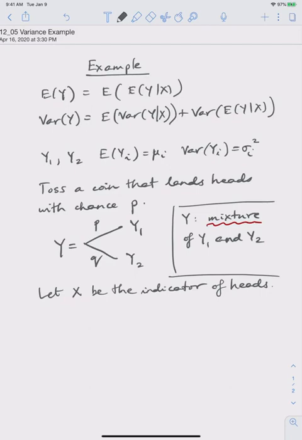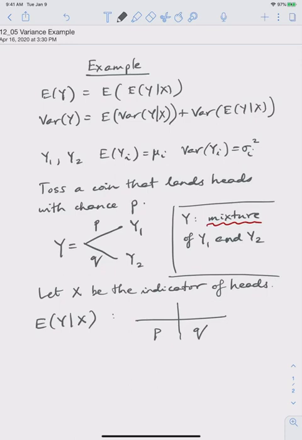Then let's start writing down some conditional expectations and conditional variances. The expectation of y, given whether or not the coin landed heads, is a random variable, and it has a distribution. And the expectation is something with probability p and something else with the remaining probability q.